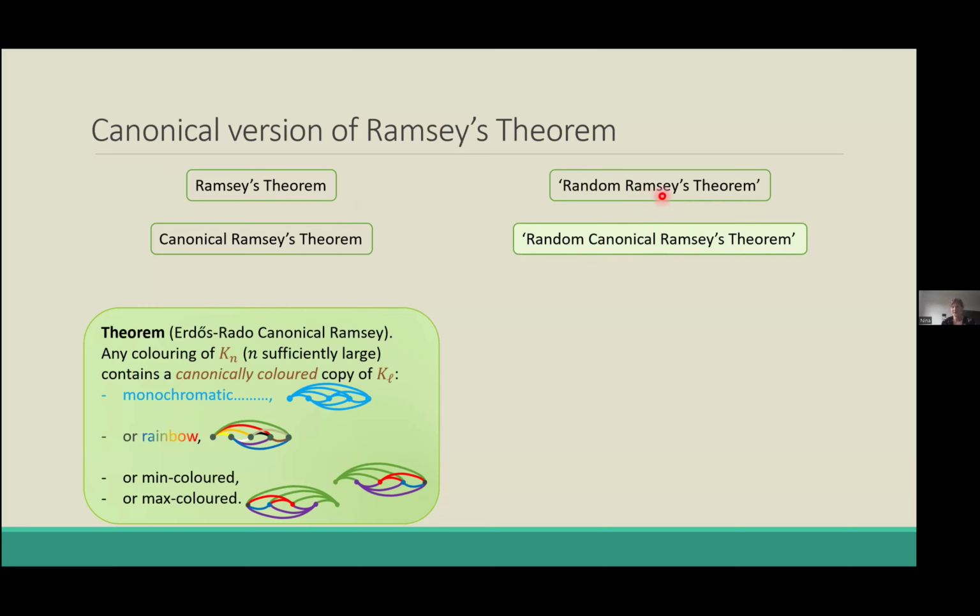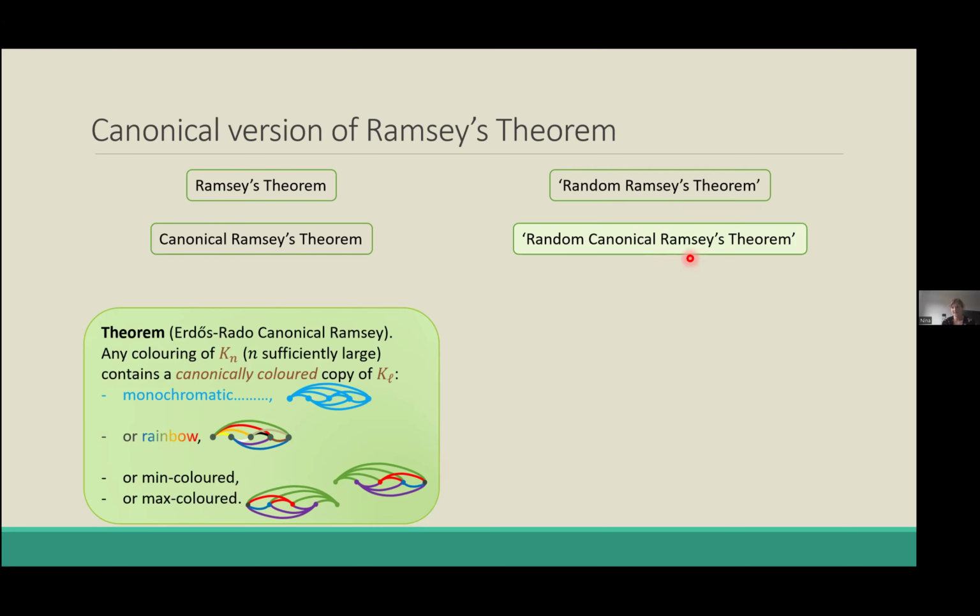So for random Ramsey's theorem, we saw that below the threshold, there is a 2 coloring, which avoids monochromatic K_L copies. But then if you use this 2 coloring in the canonical setting, this 2 coloring certainly will not contain rainbow or min colored or max colored copies. So this coloring shows you that the threshold for canonical Ramsey has to be at least as high.